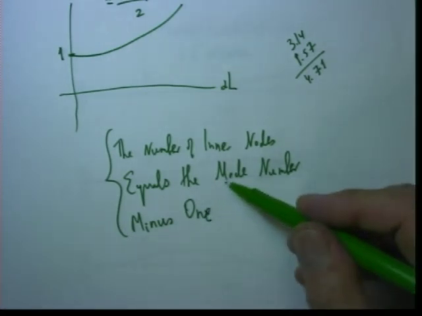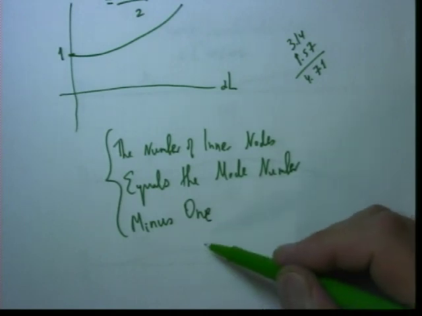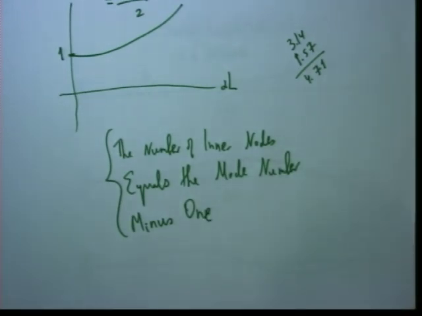This is the mode number minus 1. This we naturally had also in the simply supported case.